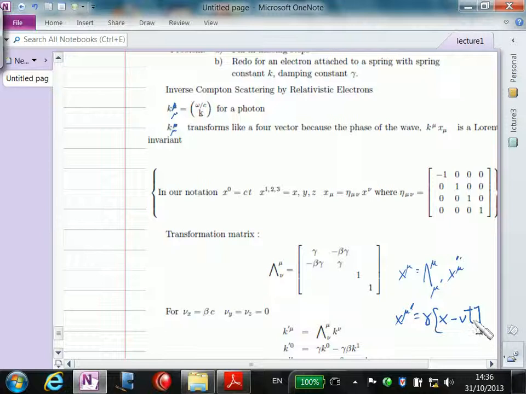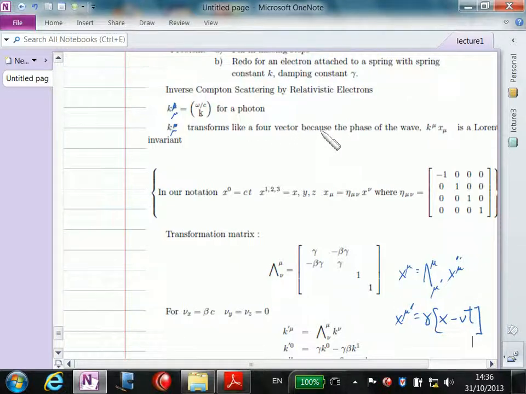And there's no way I'm going to remember it. Because k nu x nu is a Lorentz invariant. That's right. If k is below and x up, then it's also. I didn't say if it was covariant or contravariant here. I just said it transforms like a 4-vector.